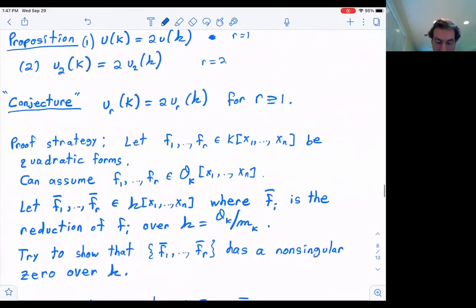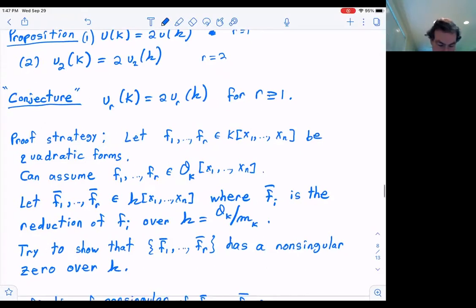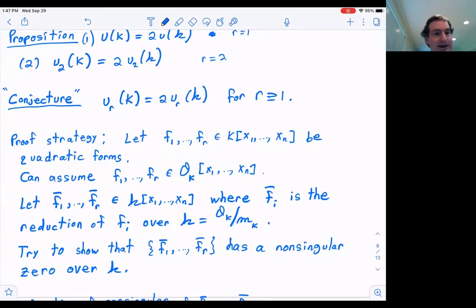Suppose I have f1 through f sub r quadratic forms. Just by multiplying through by an appropriate constant, I can assume that f1 through f sub r all have integer coefficients, because there are only finitely many coefficients involved, so I can multiply through by an appropriate element of the field. So when they all have integer coefficients, I can reduce mod the maximal ideal.